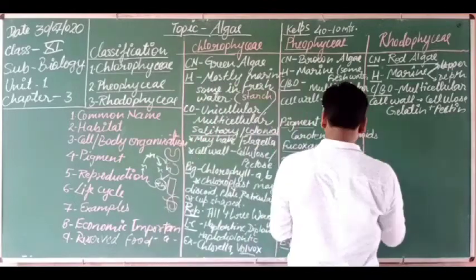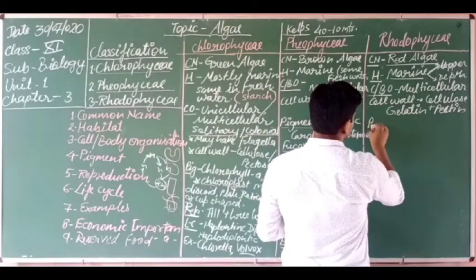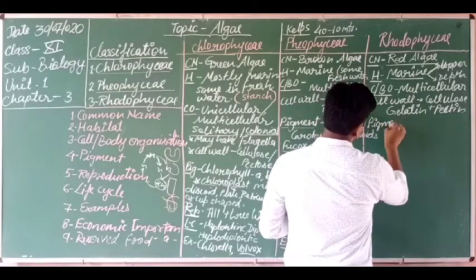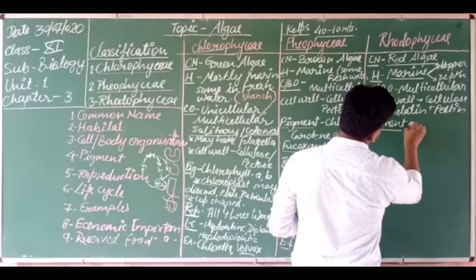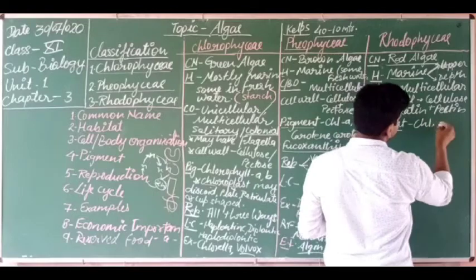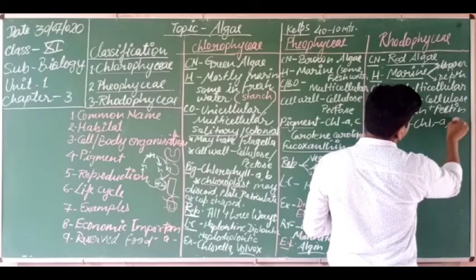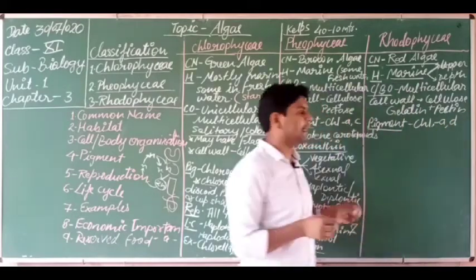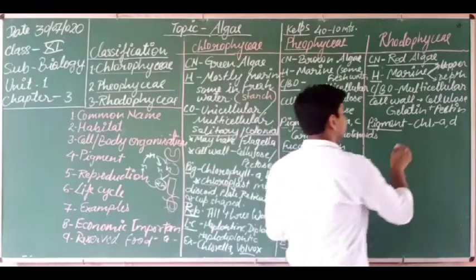Which type of pigment is found? Pigment is chlorophyll a and d, and the additional pigment is phycoerythrin.